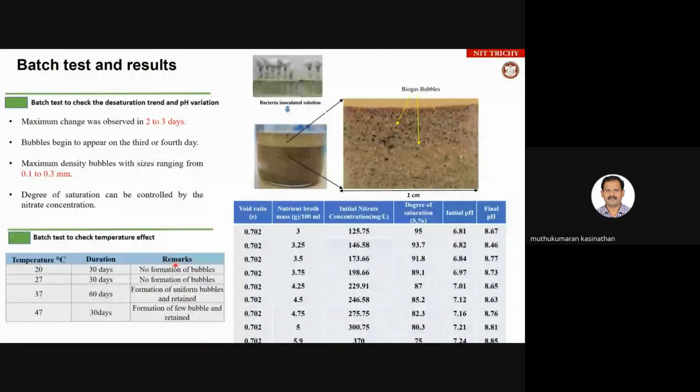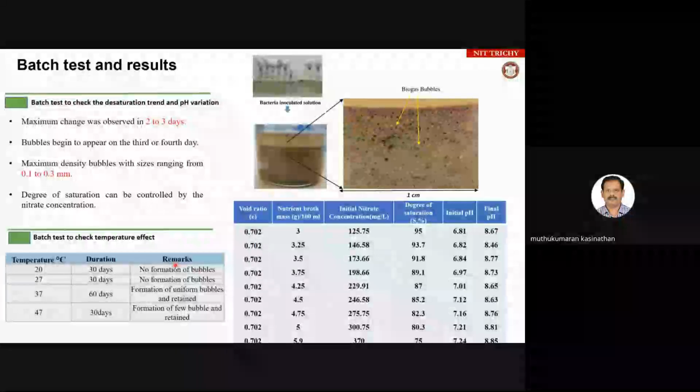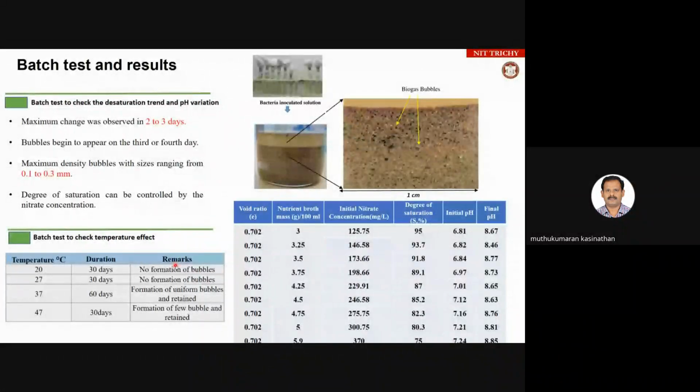We identified that the temperature variation affects the formation, and considering our Indian scenario, it is a very expected temperature. The species is working very well to produce nitrogen gas.